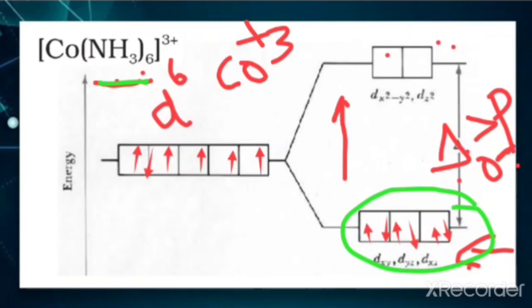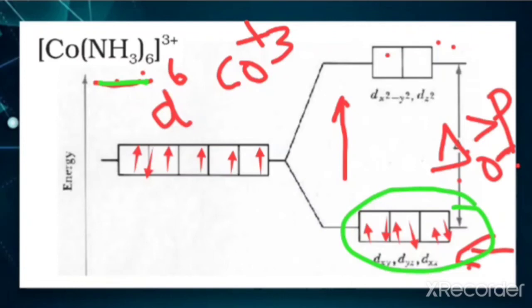So when you compare this with the VBT model, that is hybridization, we have done for the same example. In that also you can see that it is also diamagnetic, and the 6 electrons present in the d get paired. So here the pairing is explained on the basis of splitting of d orbital.